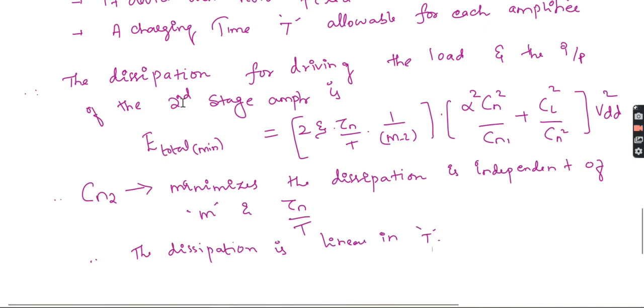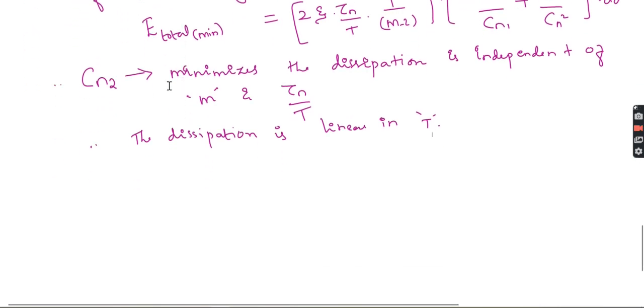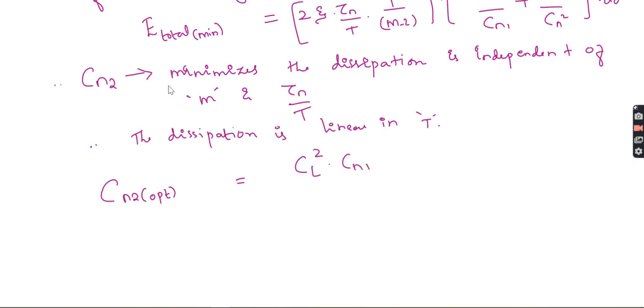So from this we can get the optimal gate capacitance for the second stage, that is Cn2 optimal, which will be written as Cl square into Cn1 divided by 2, the whole power 1 by 3.